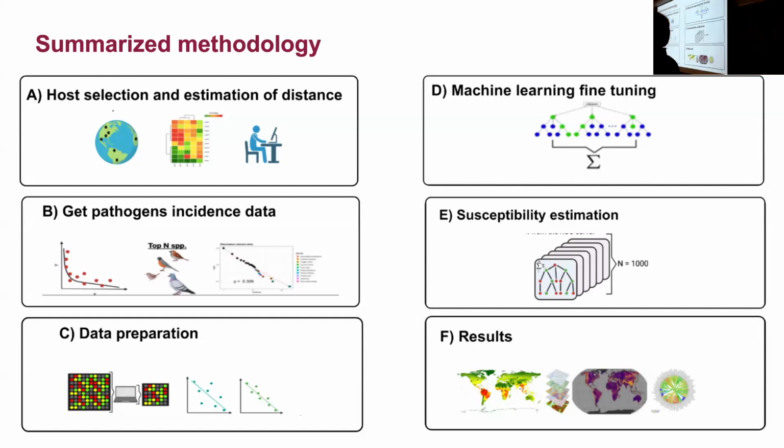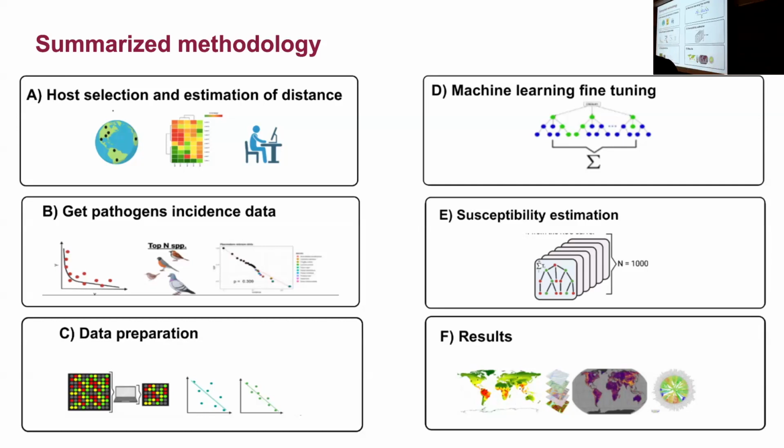So suppose you have two hosts, host A and host B. If they share the same parasite, they should be close in this data set I'm providing. So we get the pathogens that are related with this host and label our system with the pathogens we know, and the pathogens we don't observe, we label as unknown.